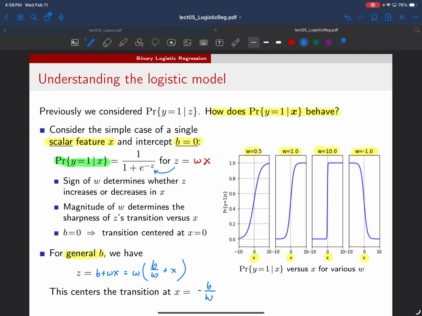Okay, so now you can see that the effect of b in our model is to shift the location of the transition, but it also affects the steepness too. W and b together affect the transition. Great, okay. So is this making a little bit more sense, like what's happening with this?